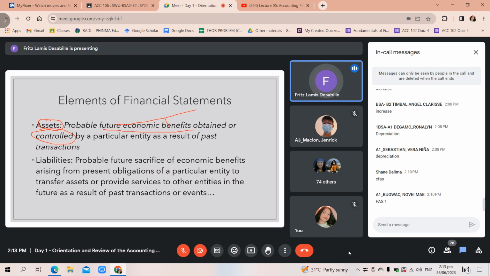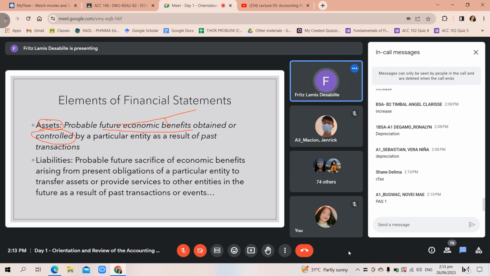Rent is also a gray area, actually. Just to simplify, if we paid rent for the past month, we paid for rent with no future economic benefit. This payment is for a service already rendered to us, so we can no longer expect a future economic benefit.